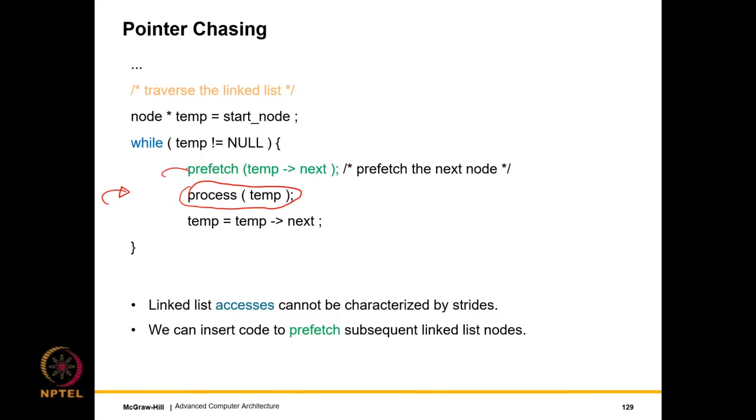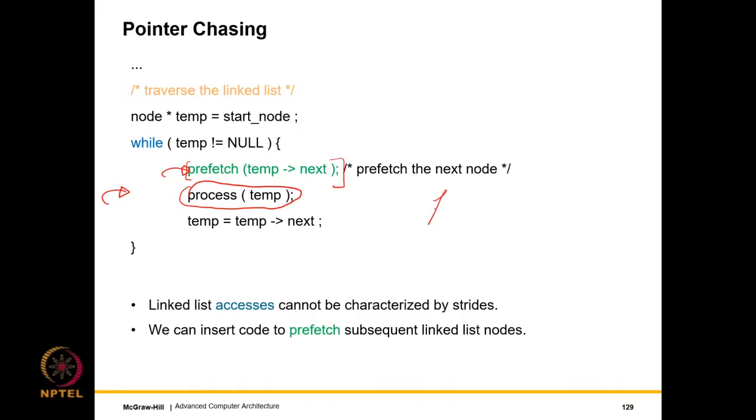What we can do in software is have a prefetch command that, given a pointer to the next node, can prefetch the entire next node itself. So this prefetch function can do the job, albeit in a compiler assisted way, of prefetching the next pointer.